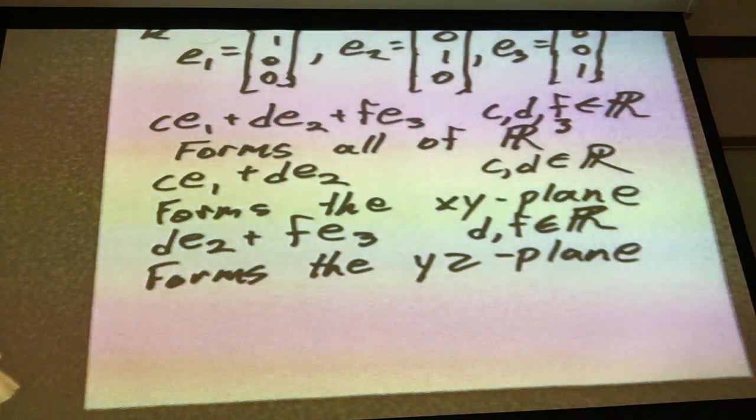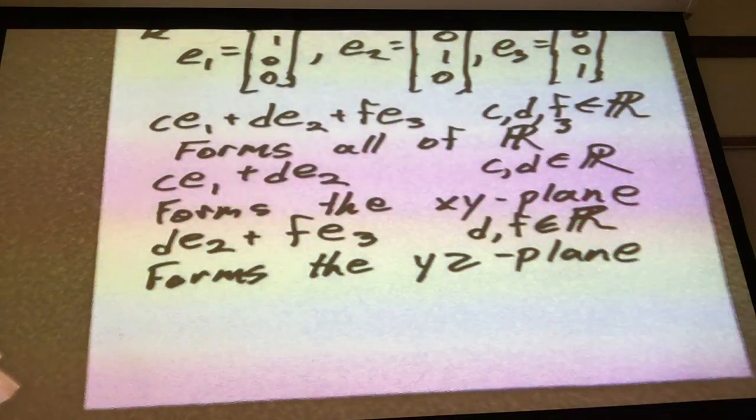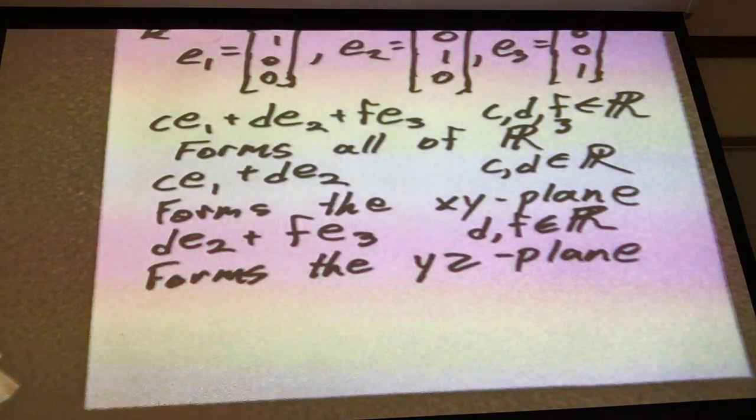All right. So let's say we had two arbitrary vectors out in space, okay?